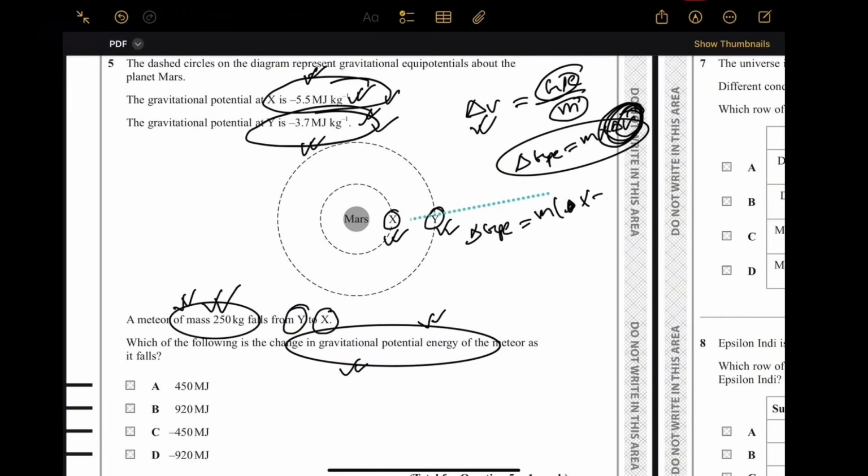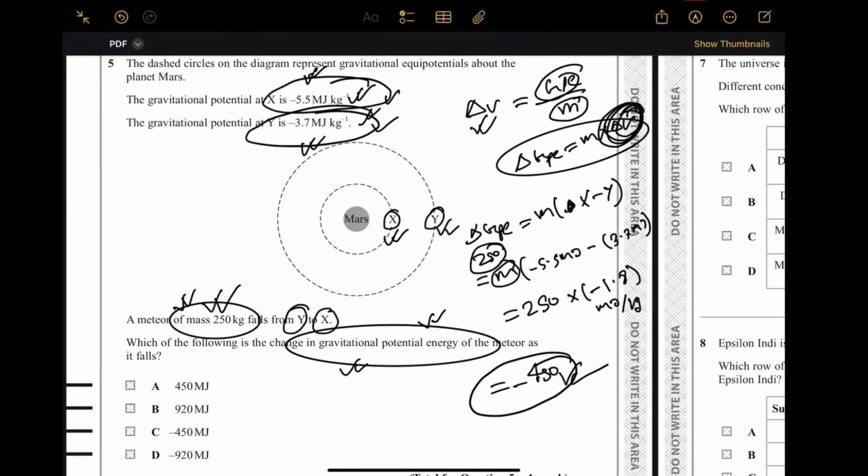So here it is m into minus 5.5 MJ minus 3.7 MJ. The mass is 250, so it becomes 250 into minus 1.8 MJ per kg. So the answer will come out as minus 450. The correct answer will be C.